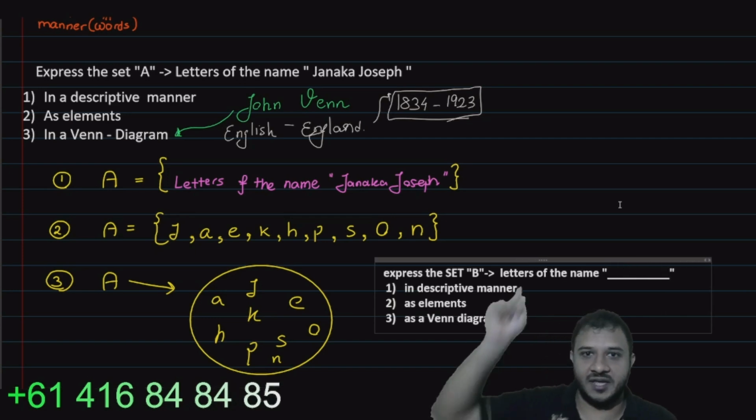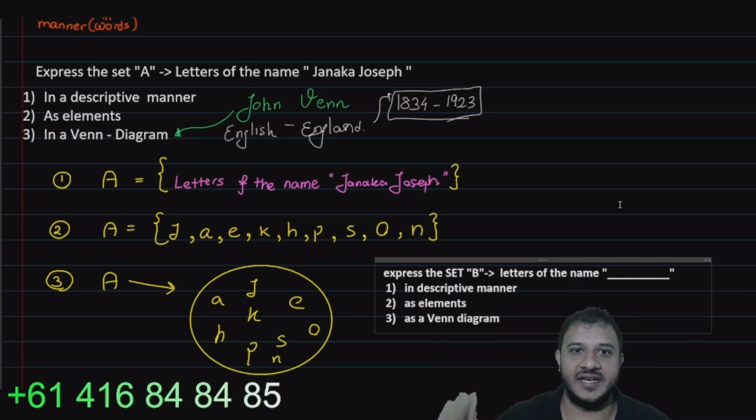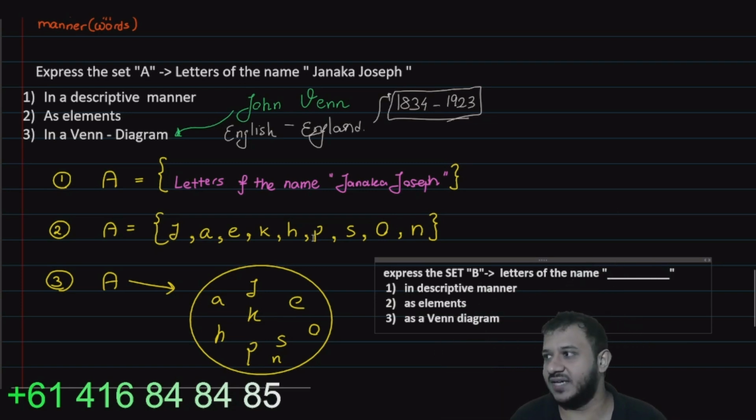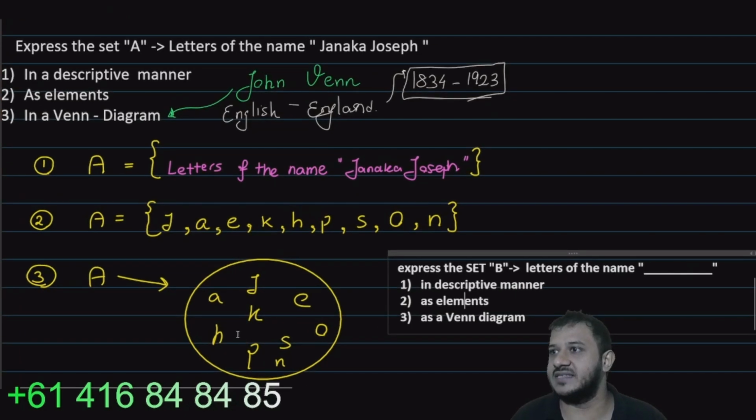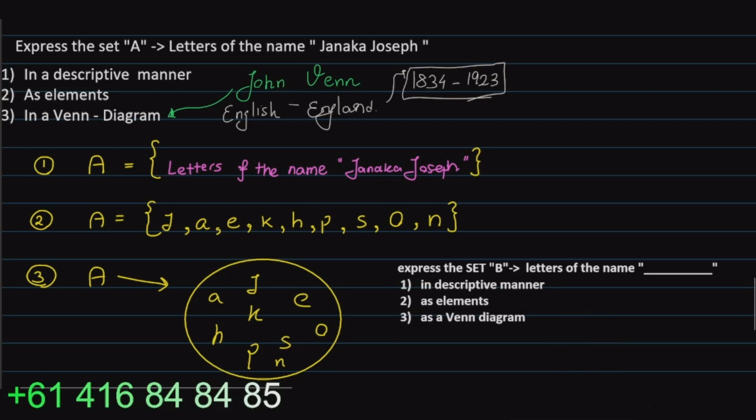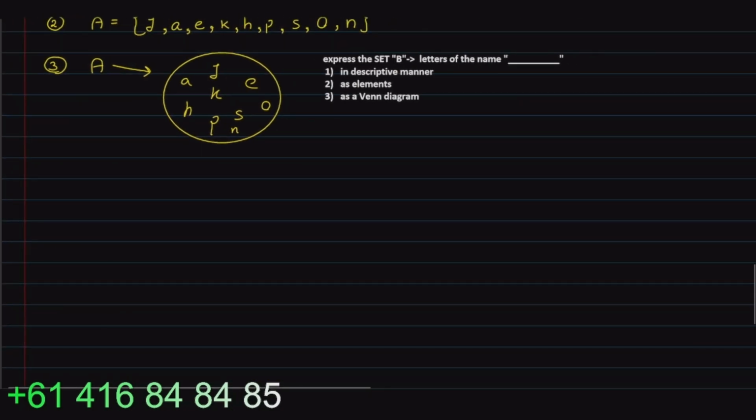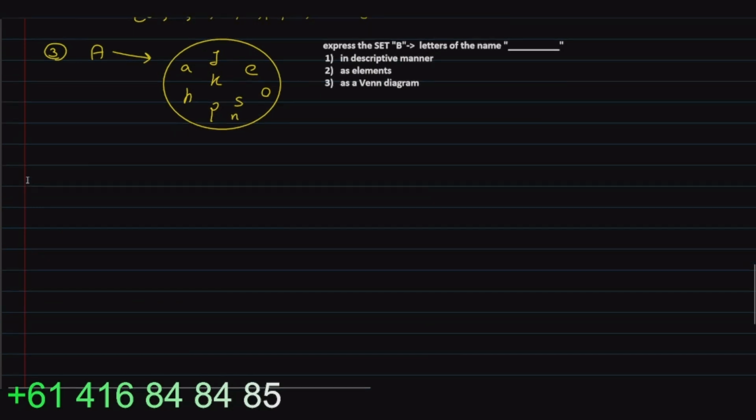Write it in descriptive manner, write it as elements, and write it as a Venn diagram. Quickly do it. Now these are about letters of a name. We will learn about much other stuff as well. Let's quickly get it done. Alright, then maybe let's go to the next set of questions and do it together.